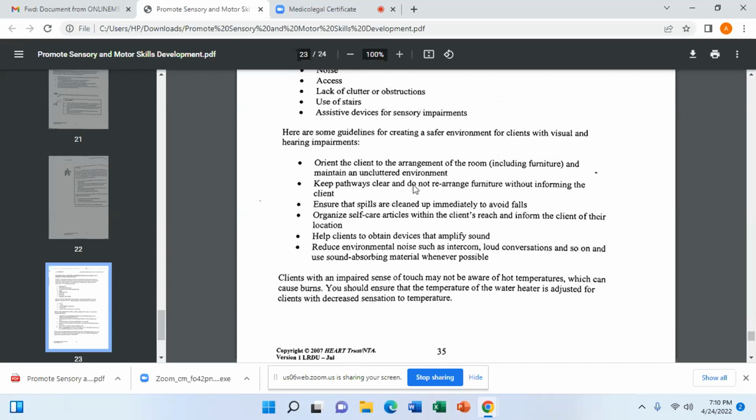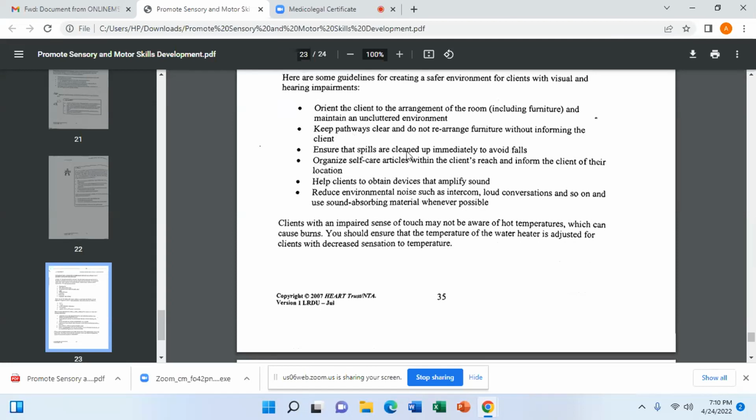It says, keep pathways clear and do not rearrange furniture without informing the client. Ensure that spills are cleaned up immediately to avoid falls. It says, organize self-care articles within the client's reach and inform the client of their location, and help clients to obtain devices that amplify sound, reduce environmental noise such as intercom, loud conversations, and so on, and use sound absorbing materials whenever possible.